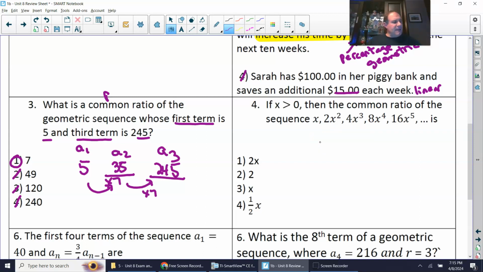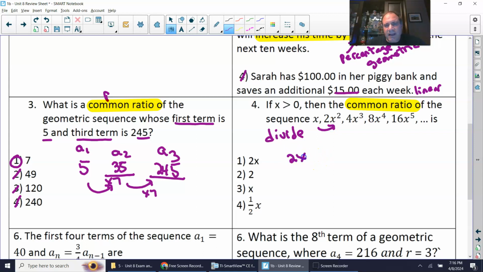Right? And here we go with number 4. You're looking for the common ratio of this sequence. So we're going to divide, or find the multiple. How does it get from x to 2x squared?